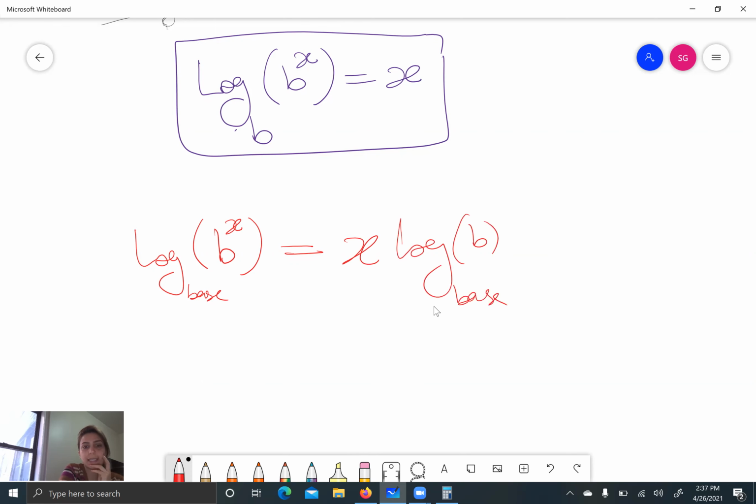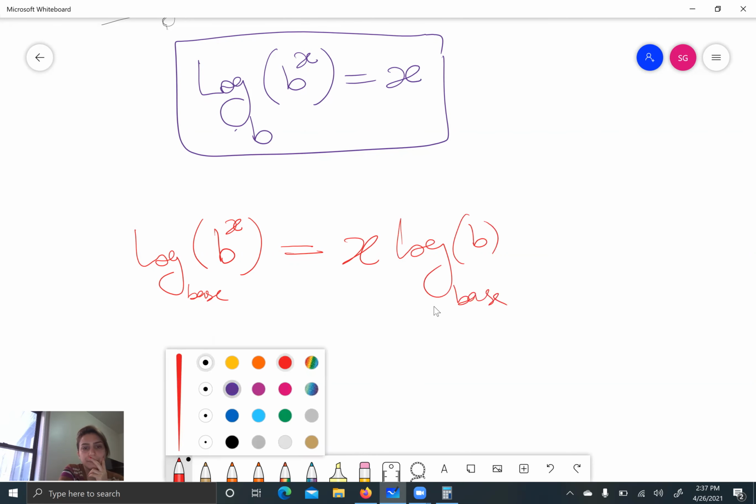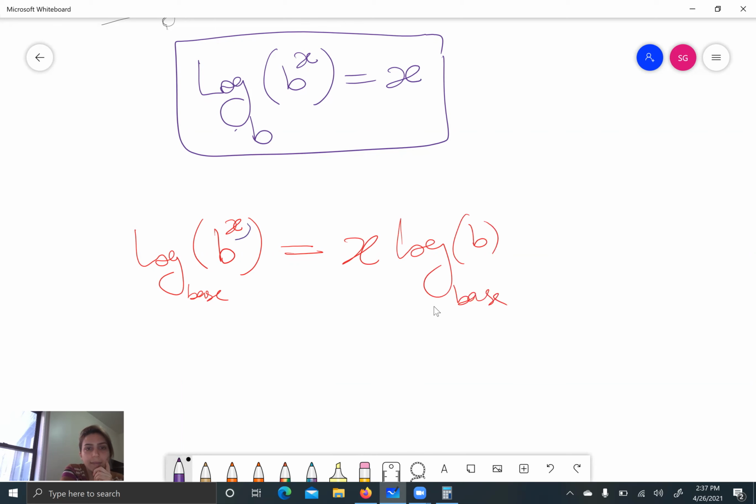So the point is that in this property, the input value, this b to the x, is the input of the logarithmic function. If that's in the form of an exponential, that exponent can come and sit as a multiplier.